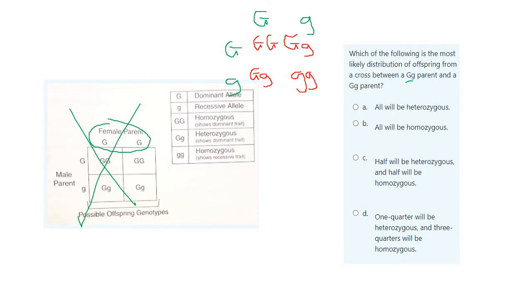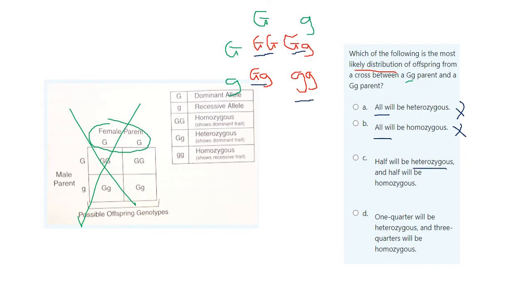Which of the following is the most likely distribution of the offspring from a cross between 2 heterozygotic parents? Well, we have 1 homozygotic dominant, 2 heterozygotic, and 1 homozygotic recessive. So all will not be heterozygotic, and all will not be homozygotic.